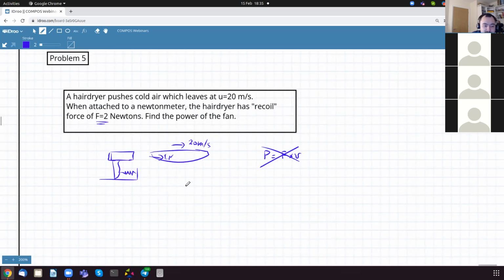We need to find the work, which is the change in kinetic energy of the air. So the work is power multiplied by time, of course. And the change in kinetic energy is 1/2 m, the mass of the air, times the speed of the air, which is u, u squared.